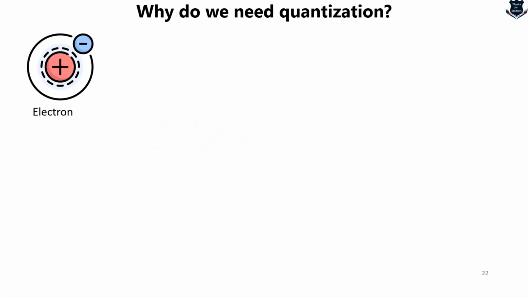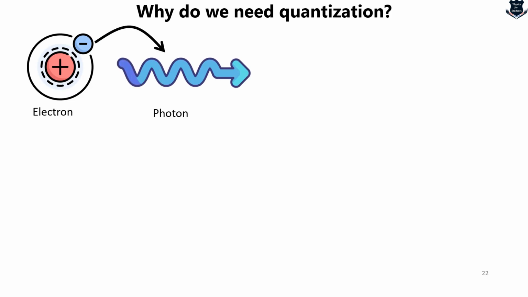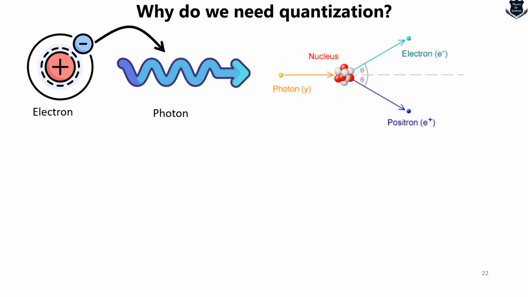For example, in quantum field theory, this electron actually can produce another photon. In QFT, the number of particles is not fixed because of this. Now, this photon can again, due to high energy photon interaction, actually produce an electron.